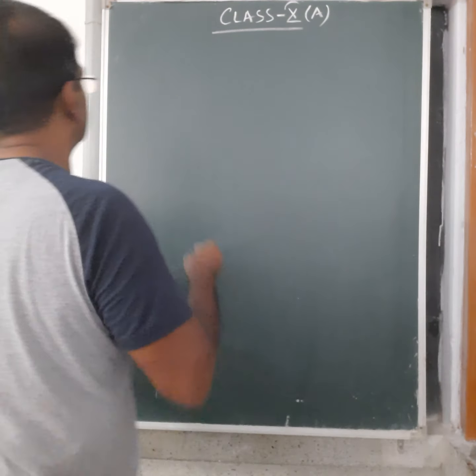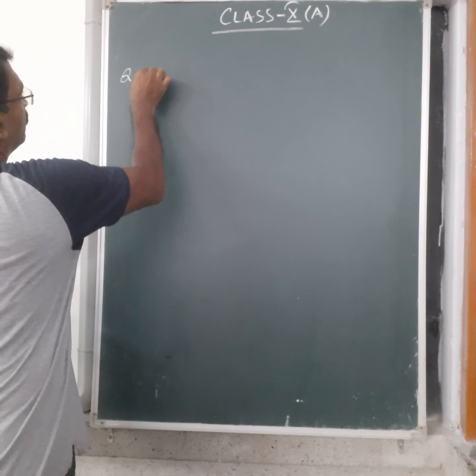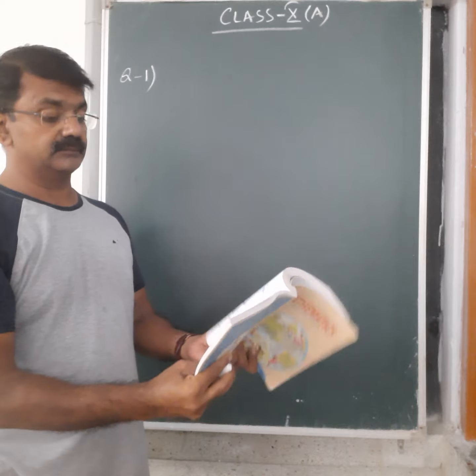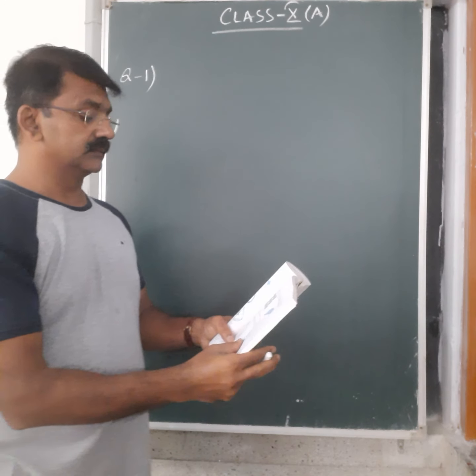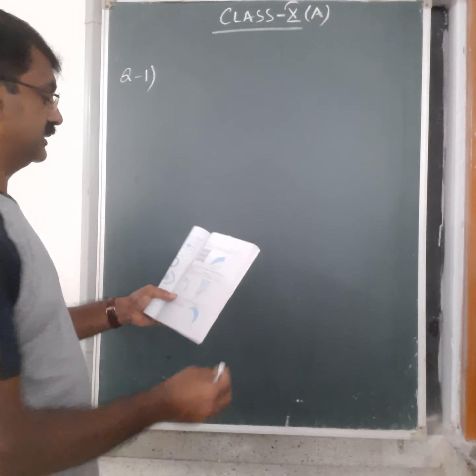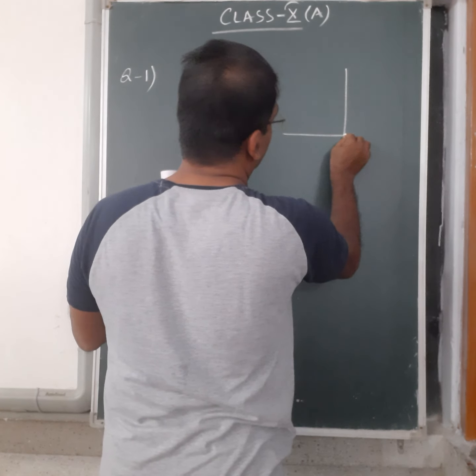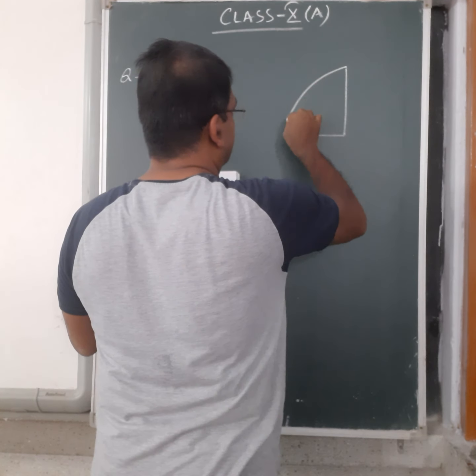So the first question for the day is like this. You see, there is a quarter circle.